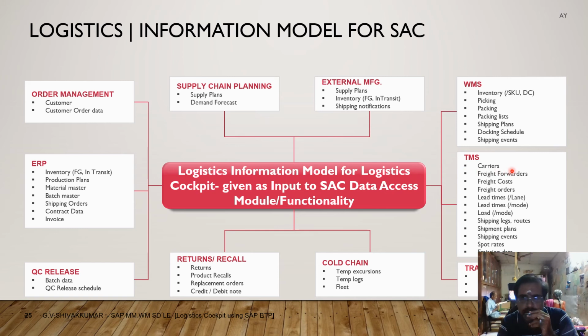Transport management systems include carriers, freight forwarders, freight cost, freight orders, lead times, that is lanes, lead times with mode and load per mode, shipping legs and routes, shipment plans, shipment events, and spot rates, spot booking, and emission data. All this comprises TMS. Emission data means CO2, CO, NOx, sulfur dioxide, all these things, right?